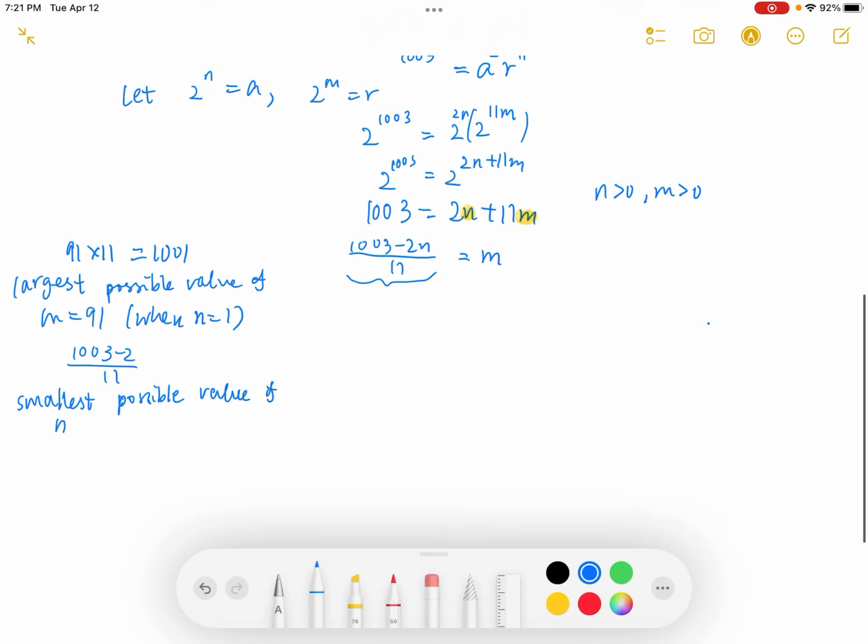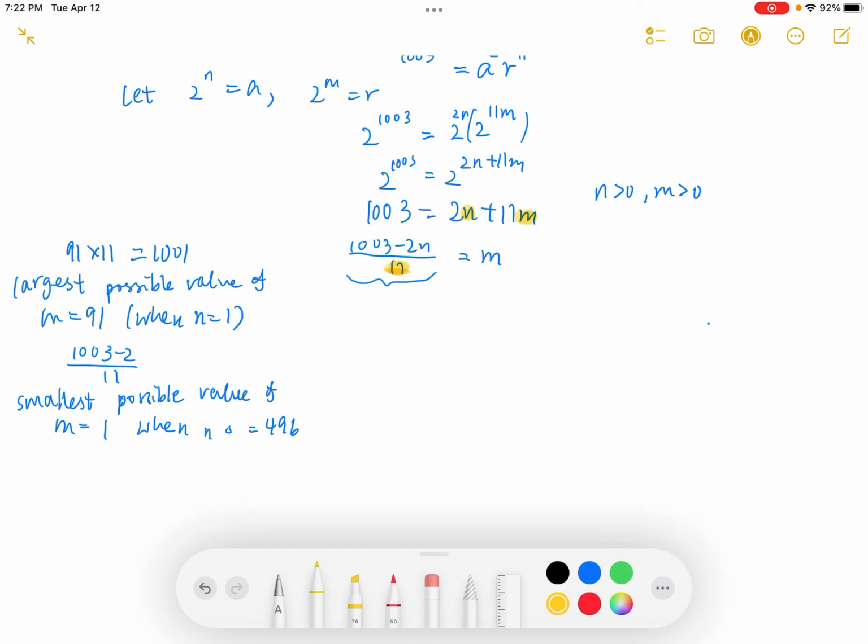The smallest possible value of m is equal to 1, which is when n is equal to 496.